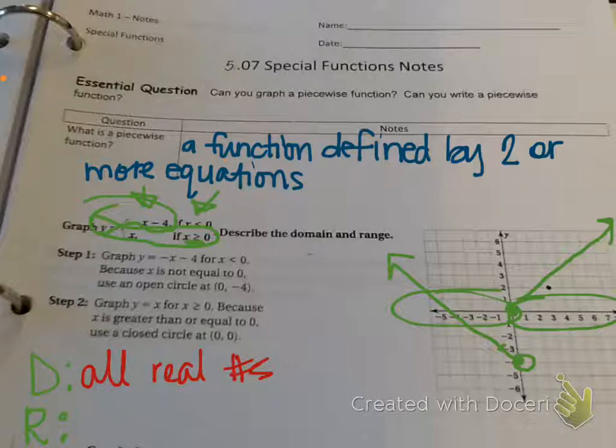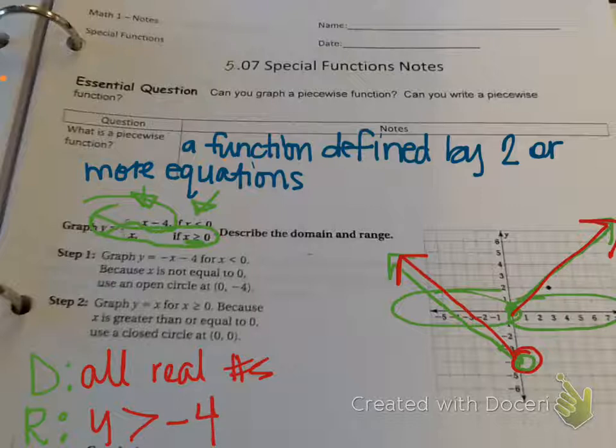The range, on the other hand, starts here at negative 4, and these go on forever in the positive direction, but I have nothing going down in the negative direction. So my range is going to be y is greater than negative 4.